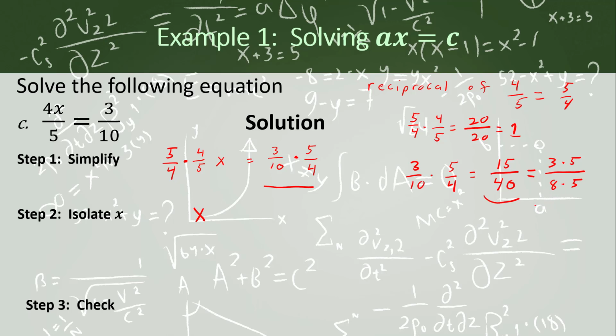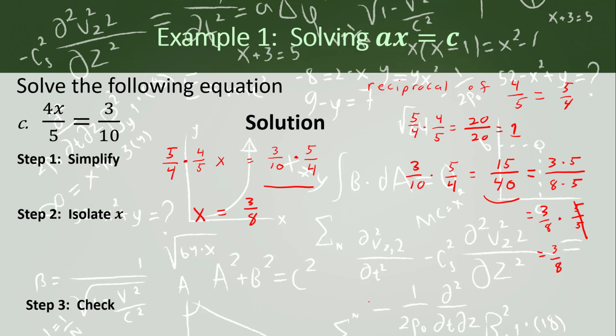Which means that we have 3 divided by 8 times 5 divided by 5. I kind of just did multiplication in reverse. What's 5 divided by 5? That's just 1. So this is actually equal to 3/8. So in this case, we have that x is equal to 3/10 times 5/4, which turns out to be equal to 3/8.